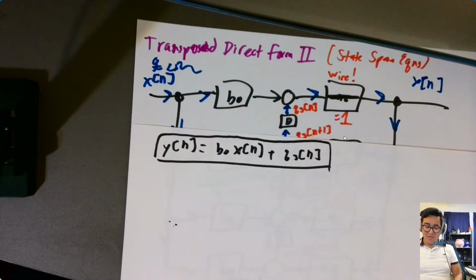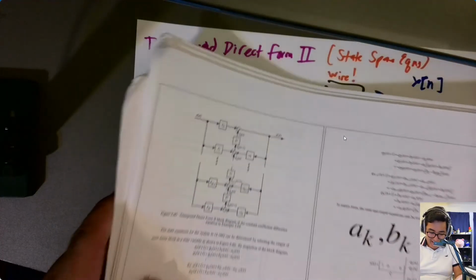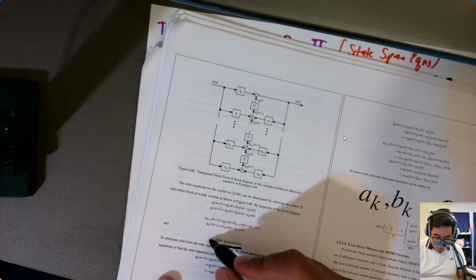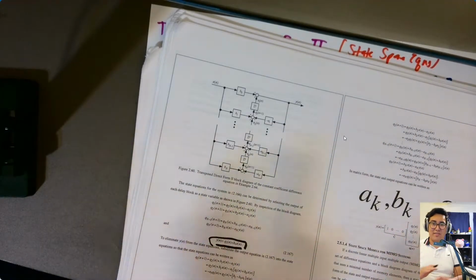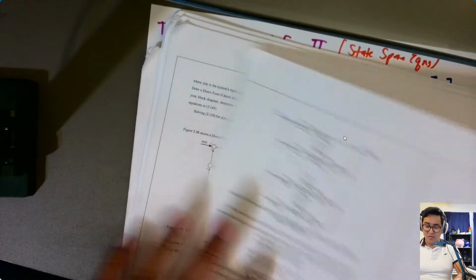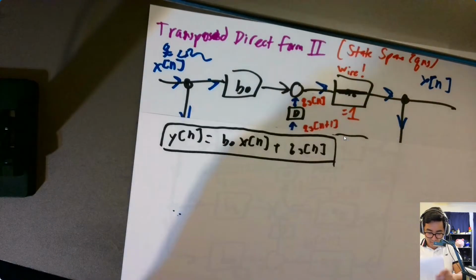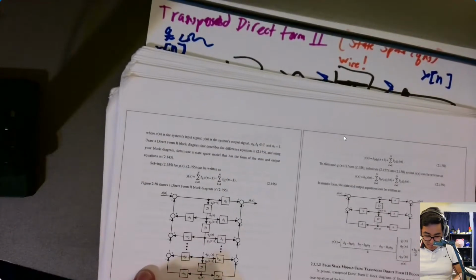So for the transpose direct form 2, if you want, you can look into your notes. Let me pull that out. Aha, there you go. See that right there? The transpose direct form 2 is the easiest to solve for the output. The output is super easy to solve for. However, it's the internal stuff that gets really messy. Whereas I think you see a pattern with the direct form 2 block, where it gets pretty messy.